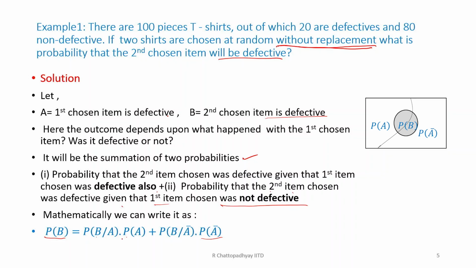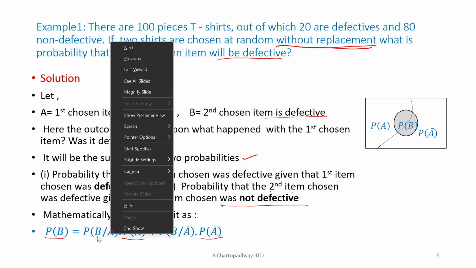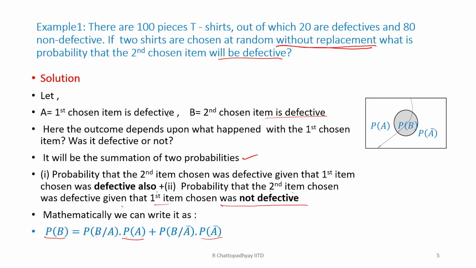P(B|A): given that the first chosen item is defective, what is the probability that the second chosen item will also be defective? So that is the conditional probability multiplied by the probability that A has happened.